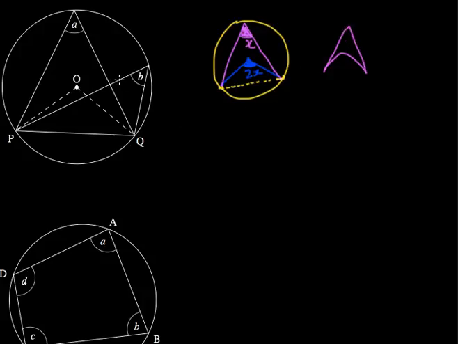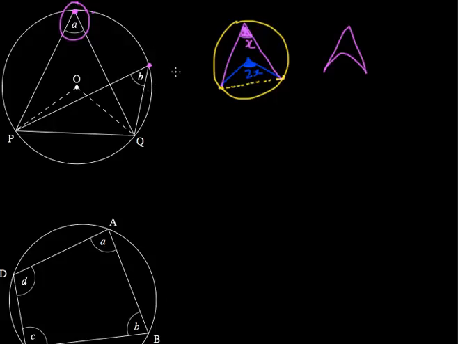It could look more like the one with B. And if you were to draw this angle here, and instead of doing it at this point, you did it at this point here, both A and B are equal. This is another circle theorem.